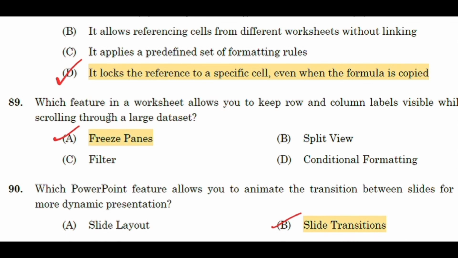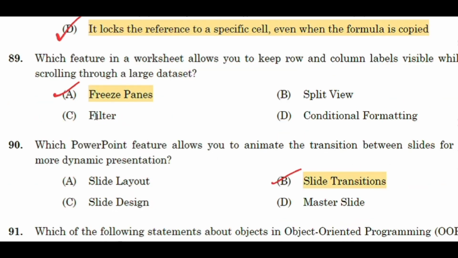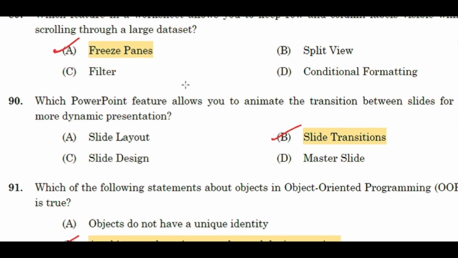Which feature in a worksheet allows you to keep row and column labels visible while scrolling through a large data set? Answer is option A, freeze panes. Which PowerPoint feature allows you to animate the transition between slides for a more dynamic presentation? Answer is option B, slide transitions.